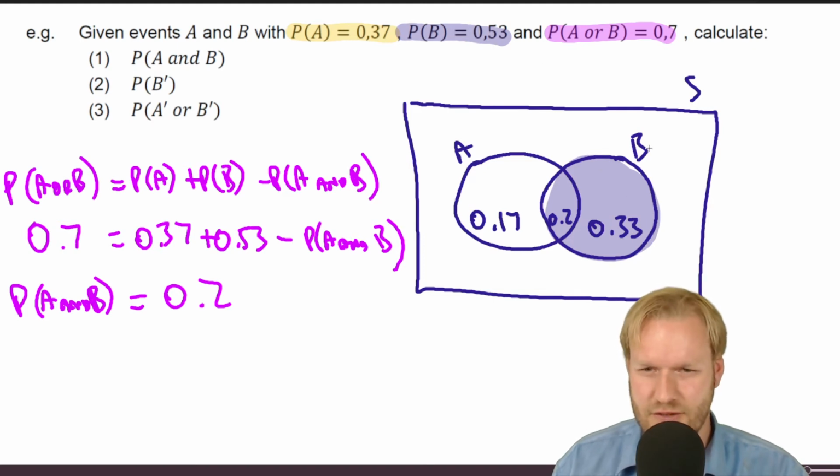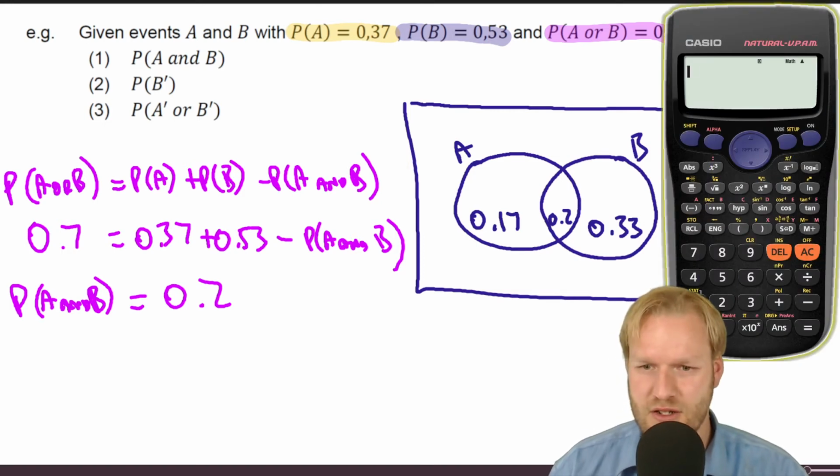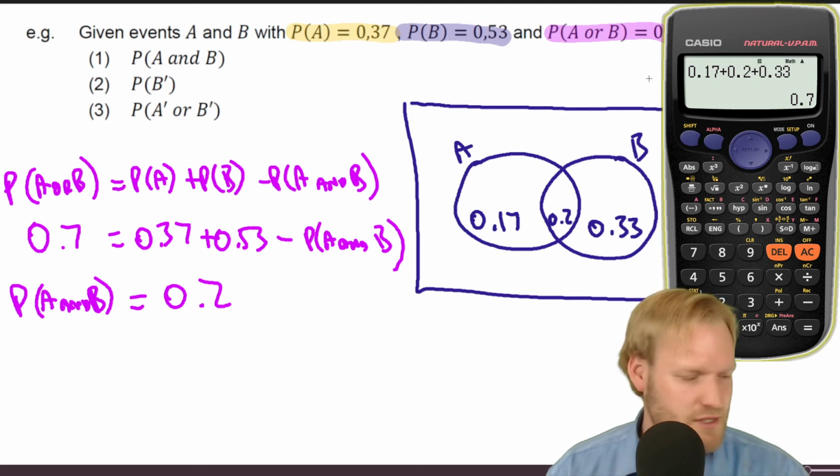So that fits nicely. If we add all of those three things together, does that work as expected? 0,17 plus 0,2 plus 0,33 is 7 over 10, or 0,7. So yes, that fits in nicely.